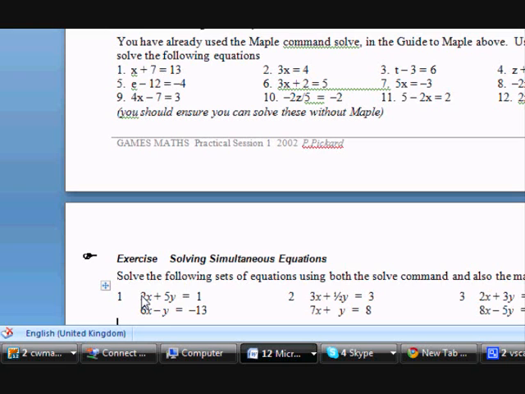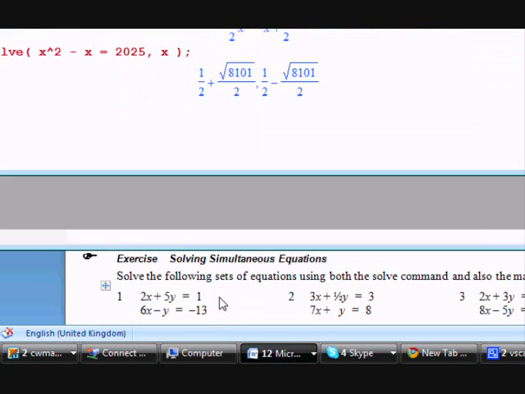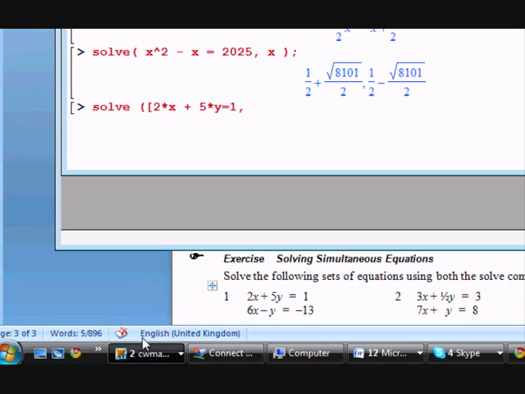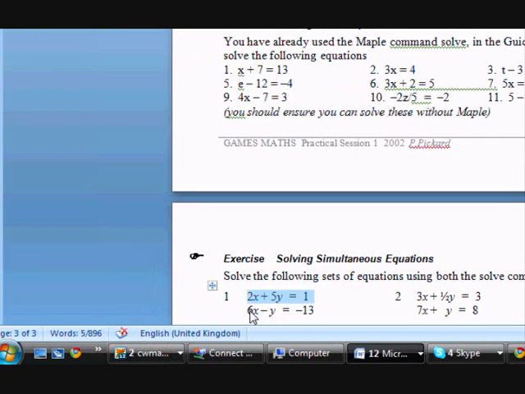We can also use it to solve simultaneous equations, and we simply do this by using brackets to group pairs of equations. If I want to solve 2x plus 5y equals 1 and 6x minus y equals minus 13, first of all I need round brackets around the whole solve command, and then square brackets around the 2 equations.